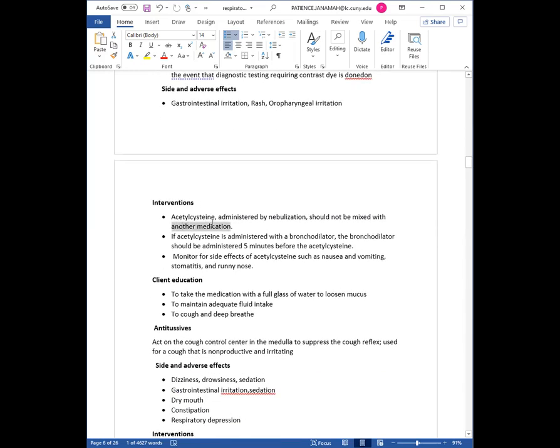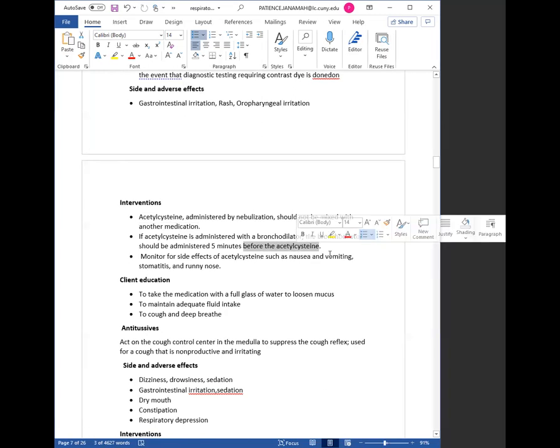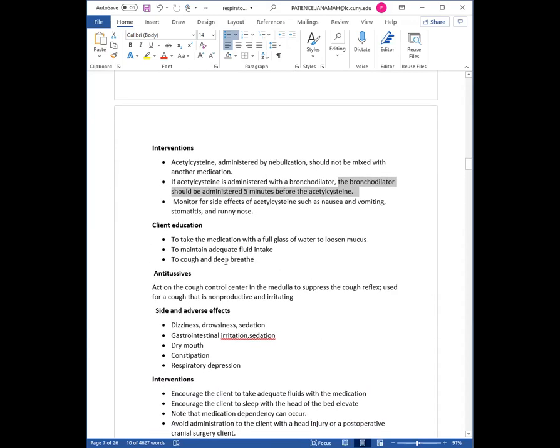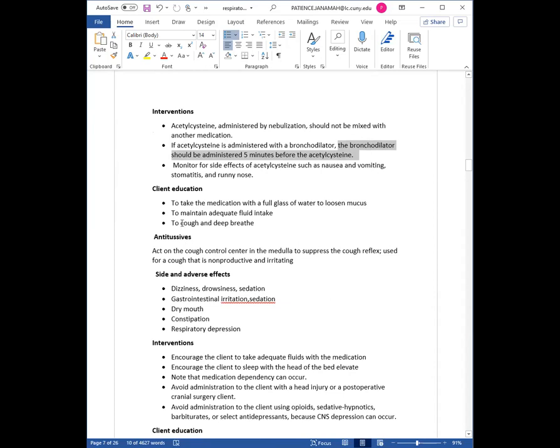It's also a medication that will thin secretions, and a bronchodilator should be administered 5 minutes before acetylcysteine. I'm going to look for an example of that medication and show you as a picture. Now, client education: take the medication with a full glass of water to loosen secretions. So when you take the medication, you carry fluid.